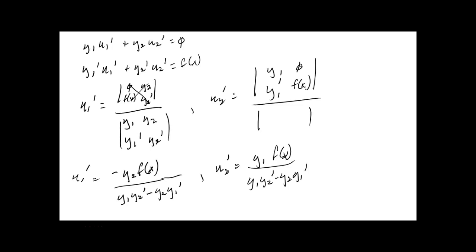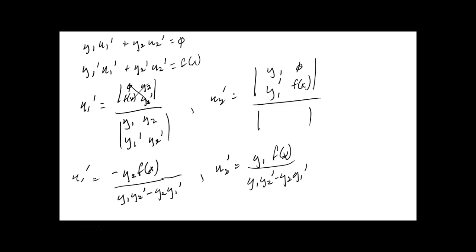This is u1 prime equals minus y2 f of x over that W, that's what they call W, and this one is y1 f of x over that W.